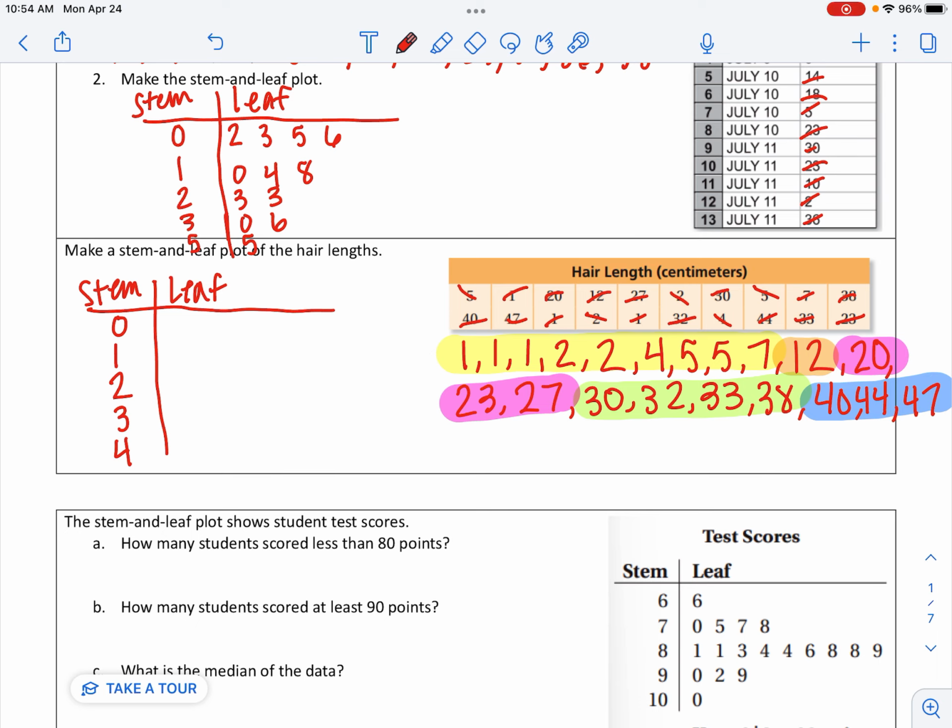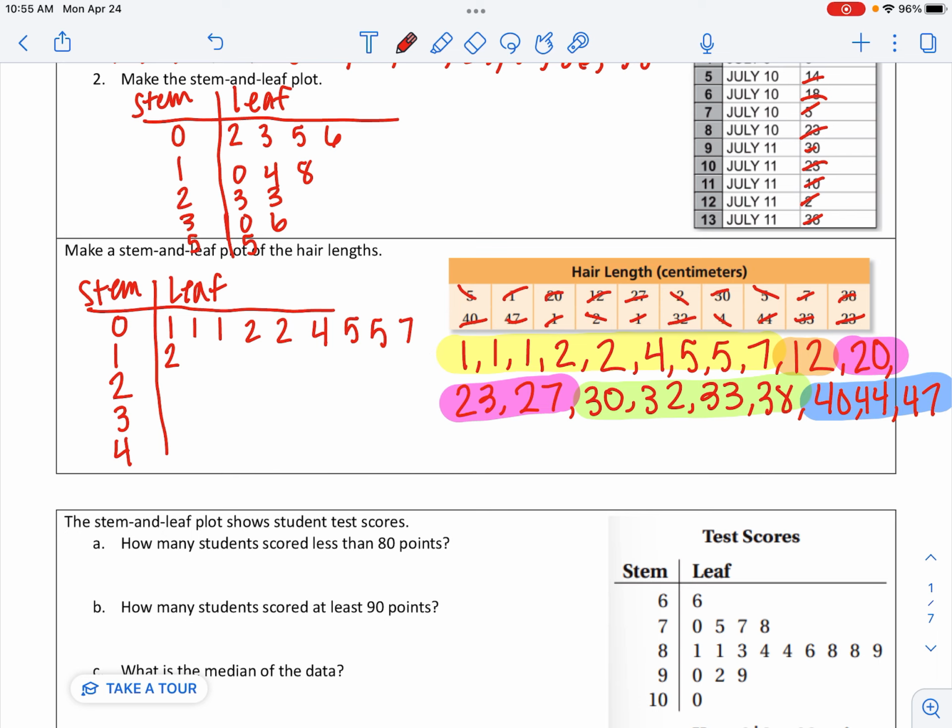So we're going to have 1, 1, 1, 2, 2, 4, 5, 5, 7. We're going to have all those listed. And then for our 10s, we're just going to put 2 to represent 12, because our 10 is on the left side, and our 2 is on the right side.